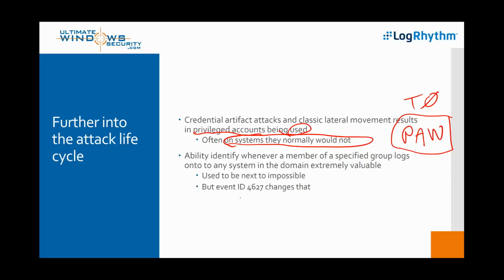Whereas we're going to show you an event that simplifies that to a degree, and that is 4627. But you know what I'm talking about, lists and the capability you have in LogRhythm, right? We could build a list of privileged users in LogRhythm and compare that with alarms and so on, when we see events and when we see that username.